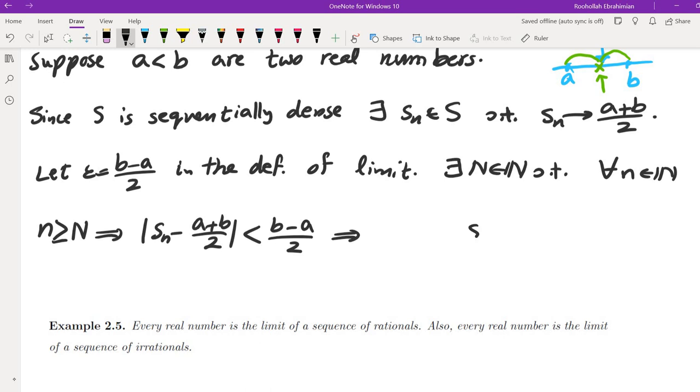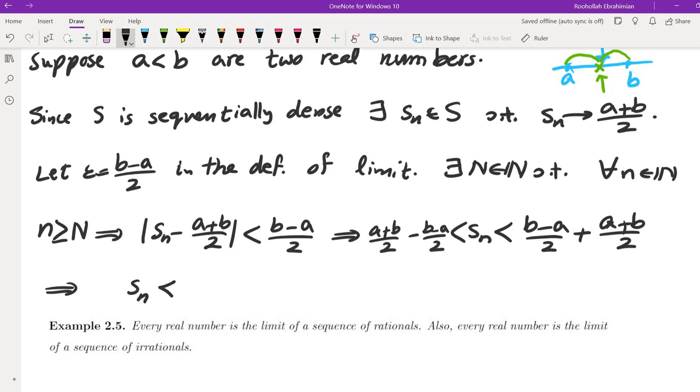This tells us Sn is less than (b minus a) over 2 plus (a plus b) over 2, and greater than (a plus b) over 2 minus (b minus a) over 2. And this tells us on the right we get b, and on the left we get a. So that means Sn is in S and it is in the interval a to b.